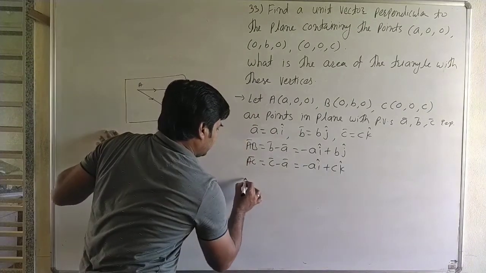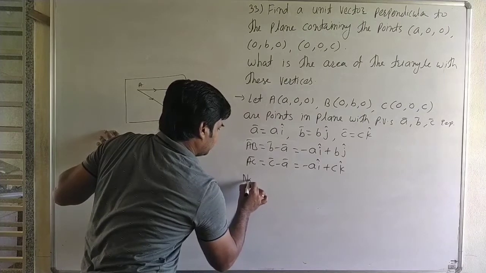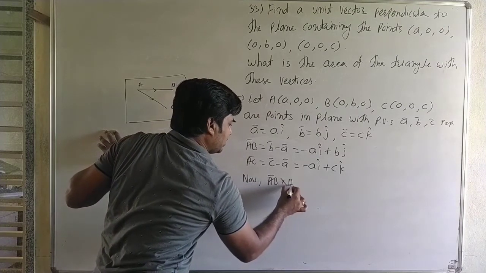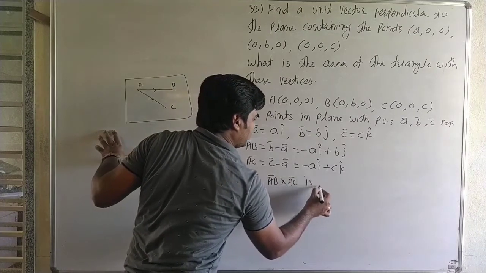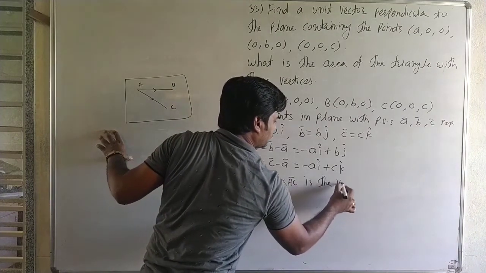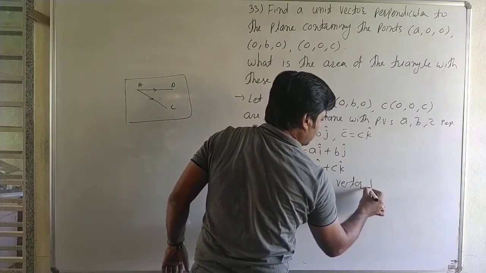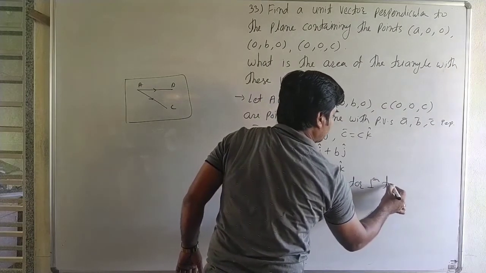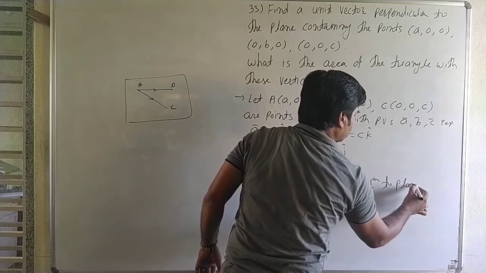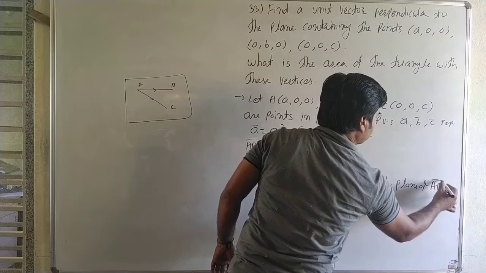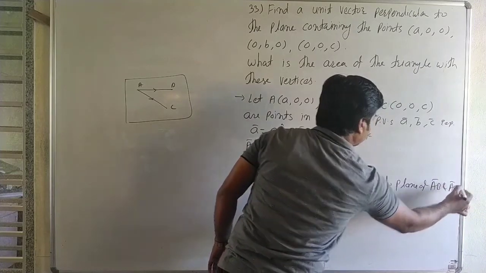Now AB cross AC is the vector perpendicular to the plane of AB and AC. Okay.